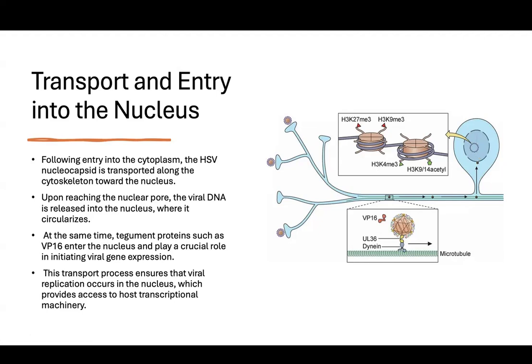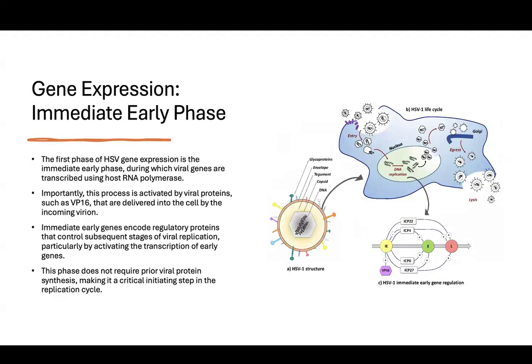So what are these tegument proteins doing? Well, for example, VP16, which is an example of a tegument protein, is going to start the transcription and expression of the viral DNA.